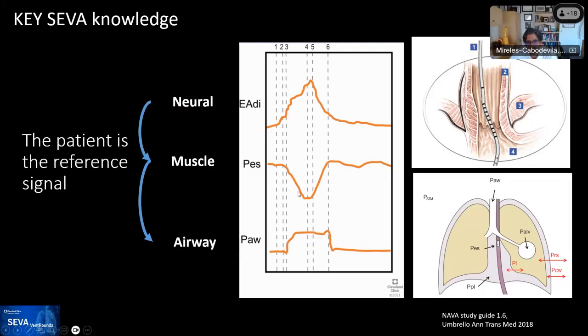And then if you're missing that signal, the next one that you have is the airway pressure or the flow signal. And I put here just the airway pressure, but you certainly can use the flow signal too as a reference because of the changes that it has from the Pmus, or the activation of the muscles.